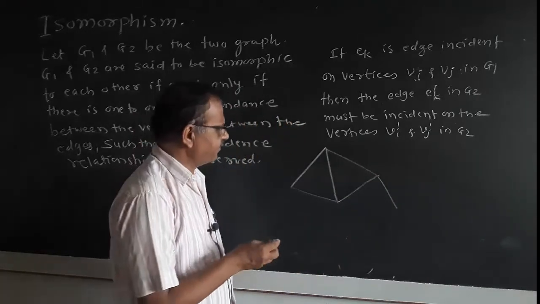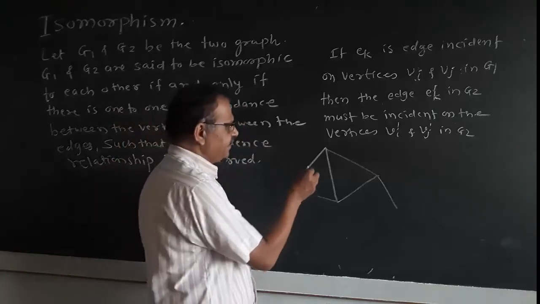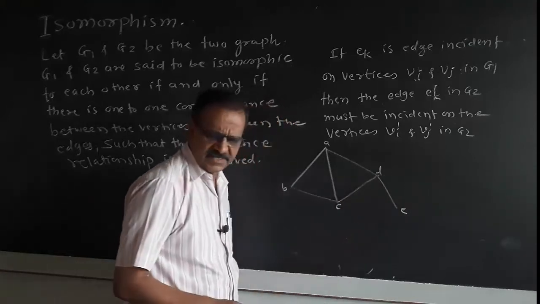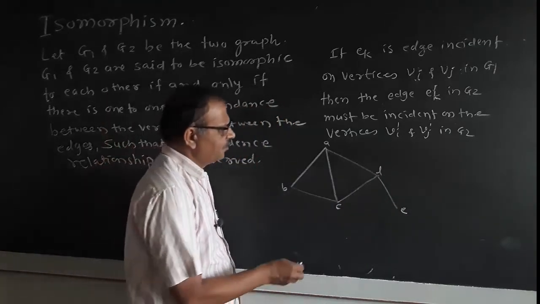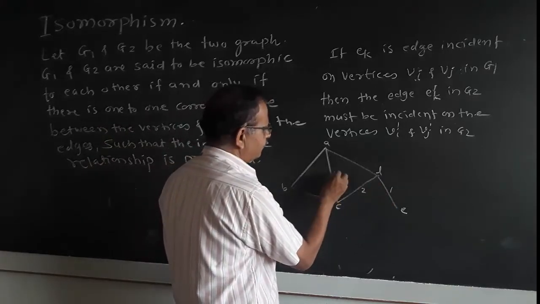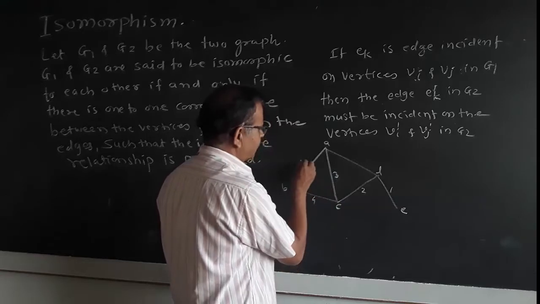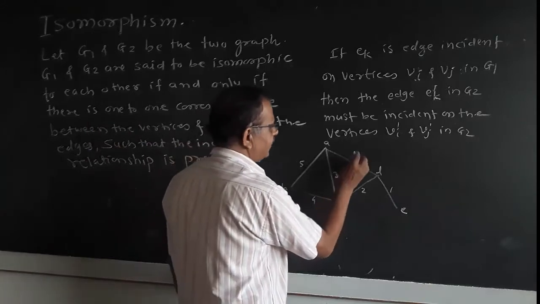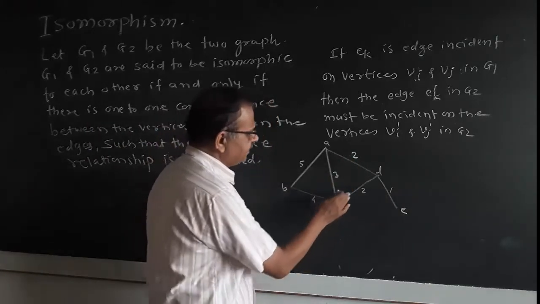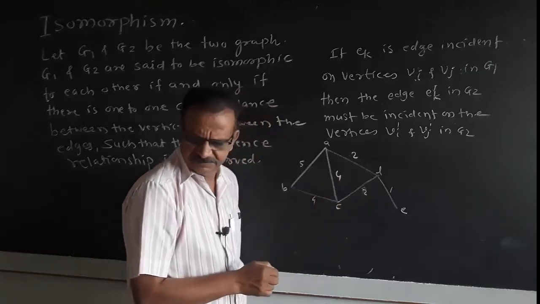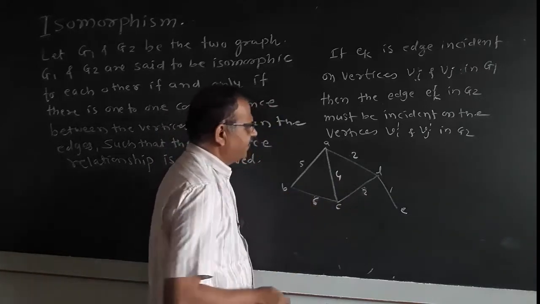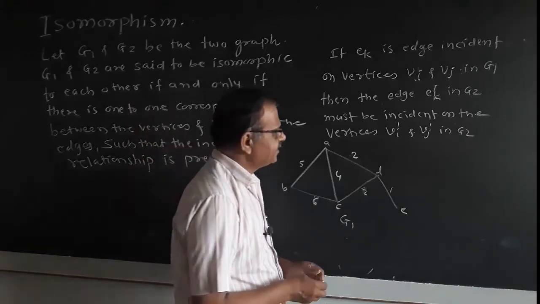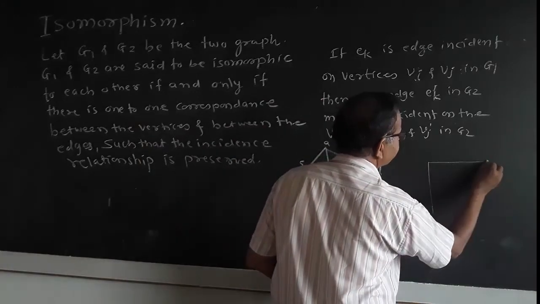Suppose this is a graph with vertices A, B, C, D and E, and edges 1, 2, 3, 4, 5 and 6. Suppose this is graph G1, and I shall draw a second graph, G2.